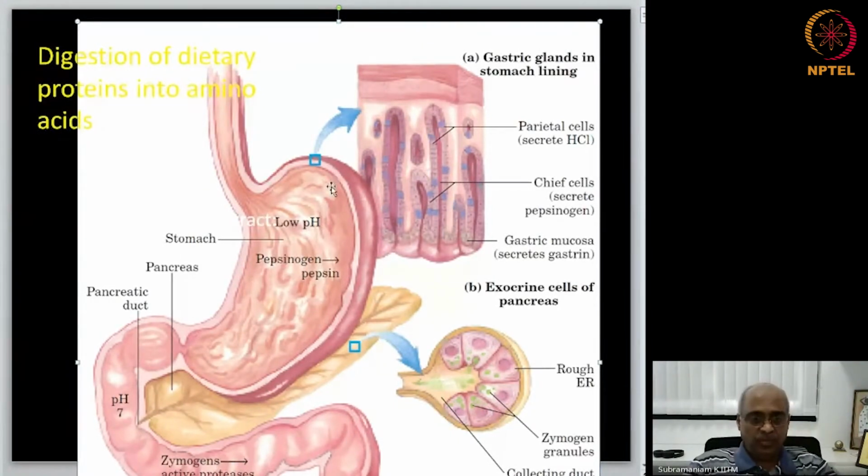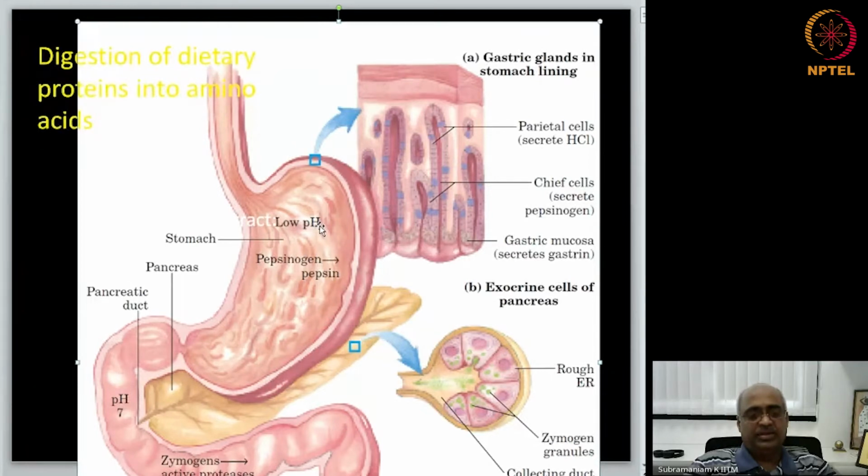And this low pH ensures two things. One, it kills any pathogenic bacteria that might come from the food, and the second, it denatures the proteins. Okay, so when you reduce or increase pH, the three-dimensional structure of proteins will be lost due to charge differences, like protonation of many of the side chains that may otherwise carry a negative charge.